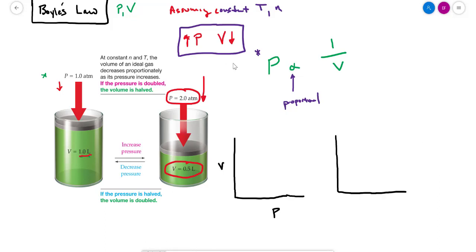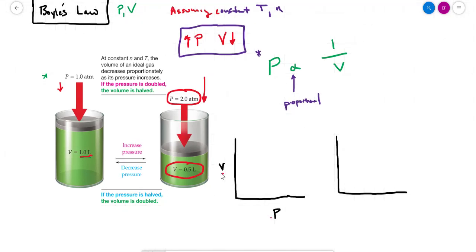So what would that look like if we made a plot of volume versus pressure like this?